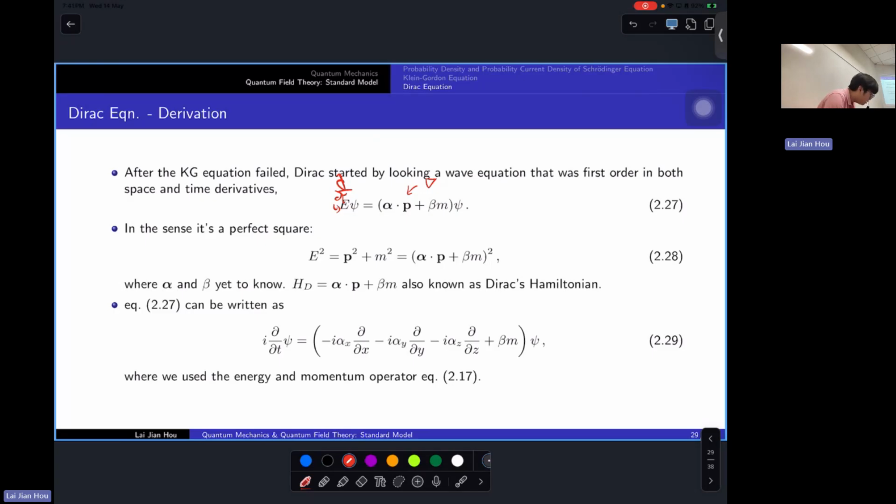The front part here is a Hamiltonian, and sometimes they call it the Dirac Hamiltonian.